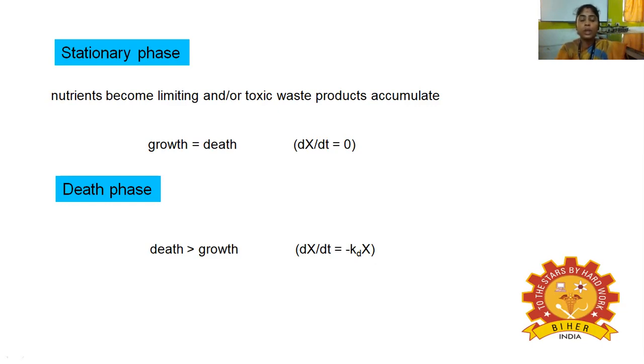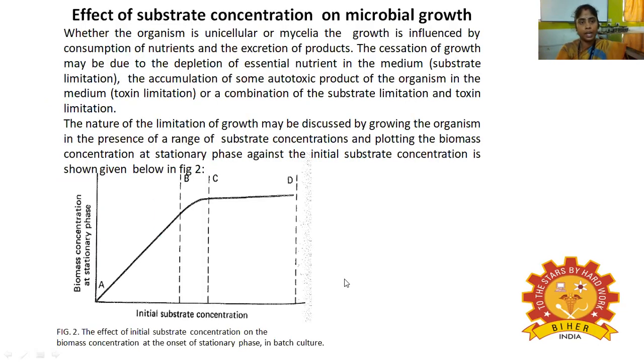This can also be written in terms of the number of cells. So dn by dt is equal to minus kd into n. The first is based on cell mass, and if it is the number of cells, it can be written as dn by dt is equal to minus kd into n.